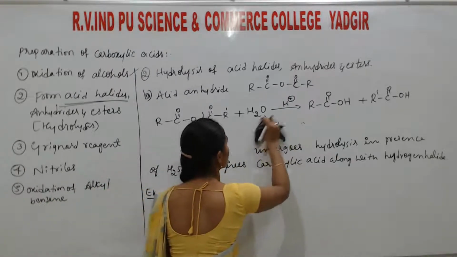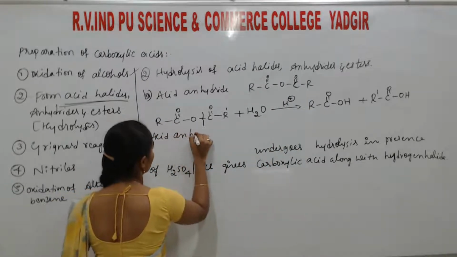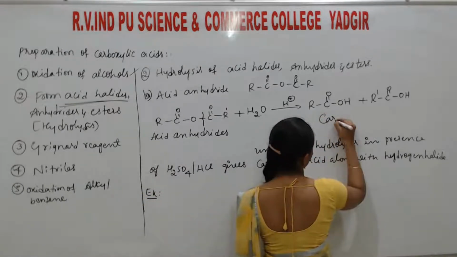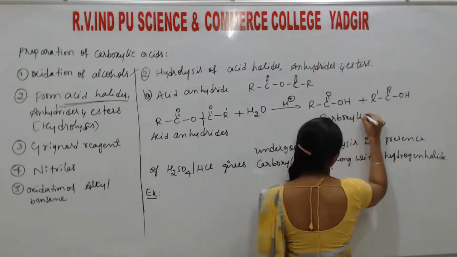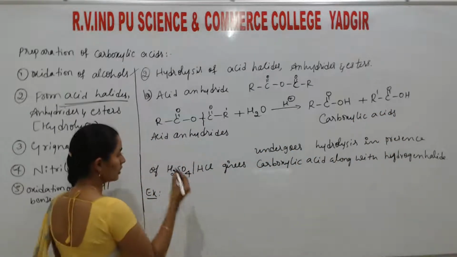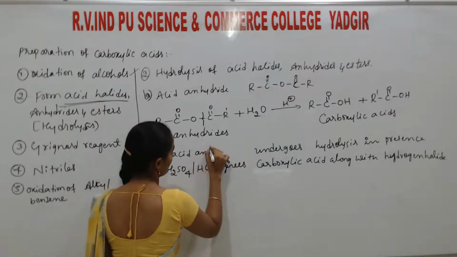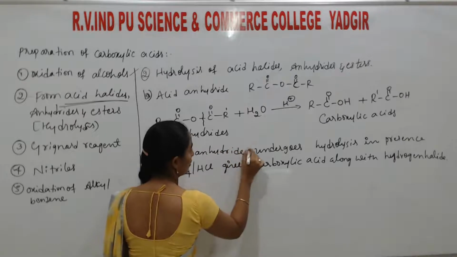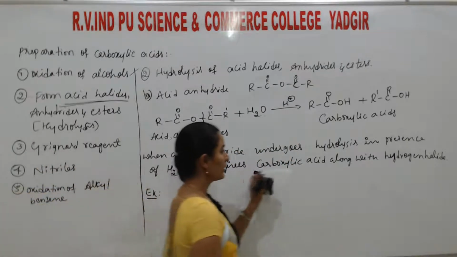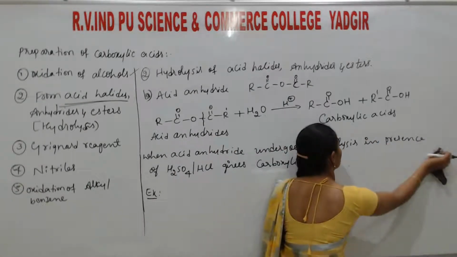So students, this is acid anhydride. This is nothing but carboxylic acids. Both are carboxylic acids. So here you write one acid anhydride undergoes hydrolysis in presence of H2SO4 and HCl gives carboxylic acid. So this is the explanation.